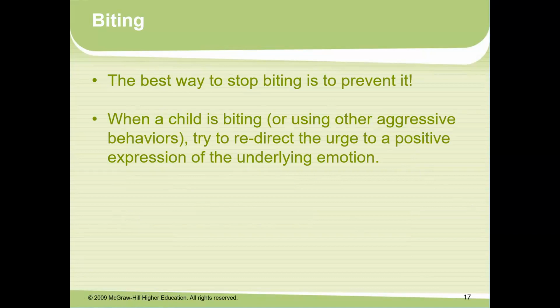The best way to stop biting is, as I said earlier, to prevent it. When a child is biting or using other aggressive behaviors, try to redirect the urge to a positive expression of the underlying emotion. Anytime I saw a child with a really feisty temperament, quick to react, with a high activity level, who doesn't adapt well to transitions or new situations, I needed to be three steps ahead of him.